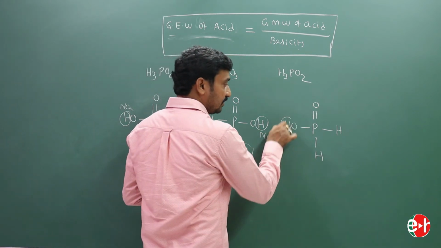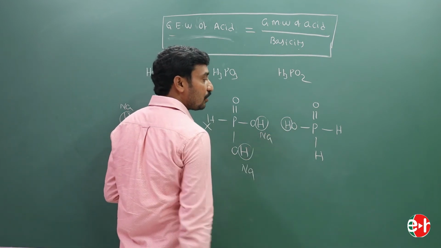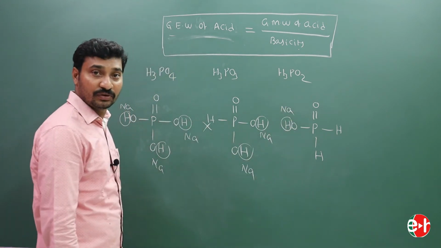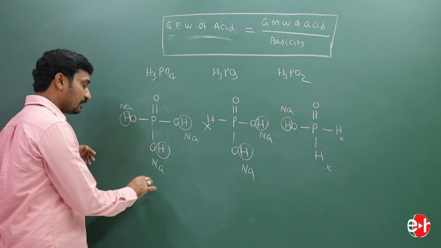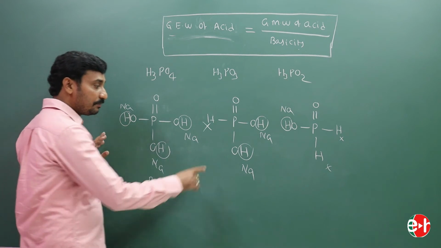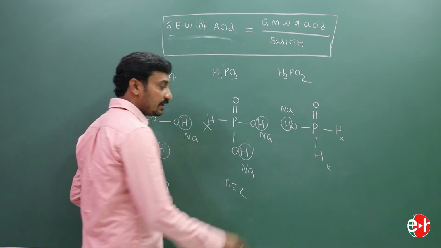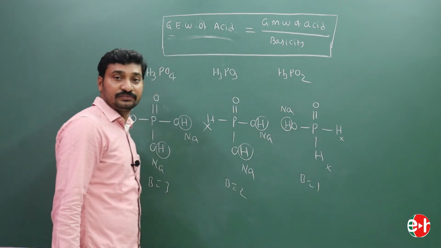In this one, a hydroxyl group is present, so only that hydrogen is replaced by a metal atom, but these 2 hydrogens are not replaceable. So here basicity is 3, because 3 replaceable hydrogens are present. Here basicity is 2, because 2 hydrogens are replaceable. Here basicity is 1, because 1 hydrogen is replaceable.